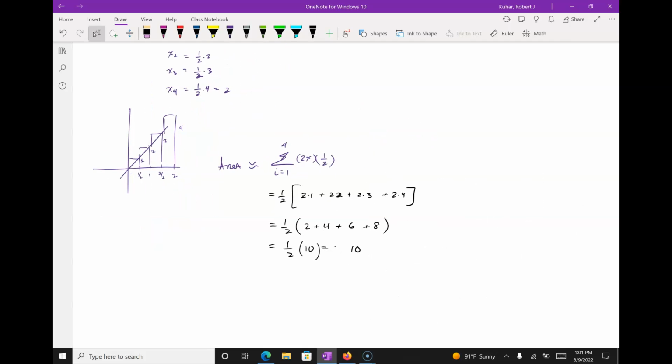But let's use 10 rectangles. Half is my delta x, 2x is my function, and I know I'm just evaluating the function at 1, 2, 3, and 4.